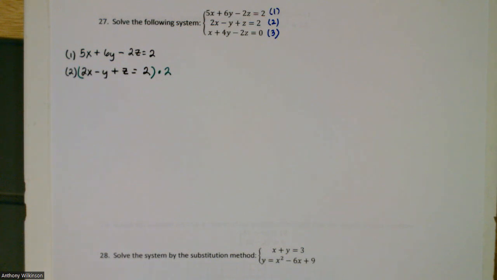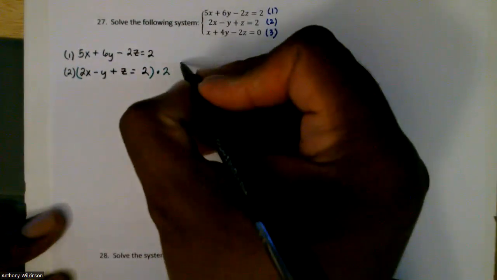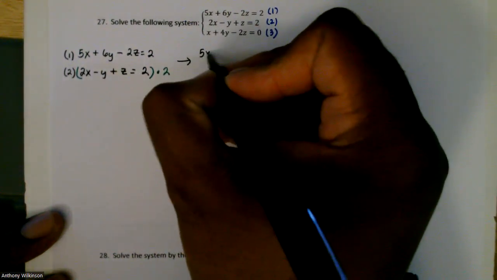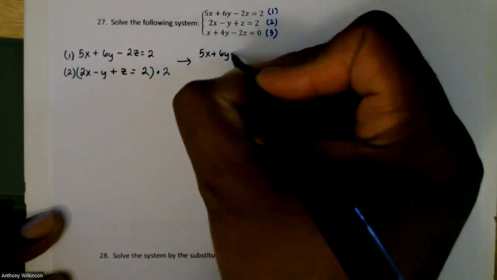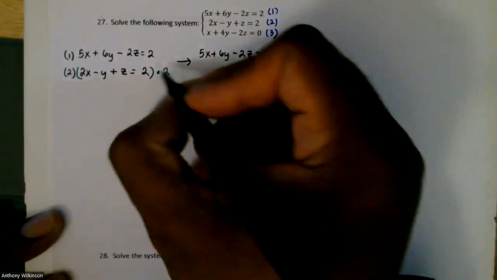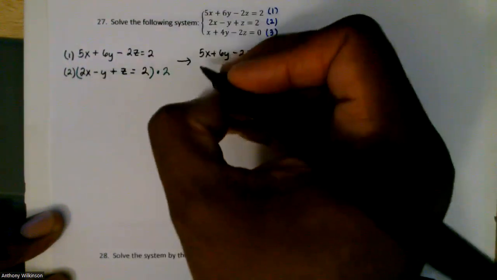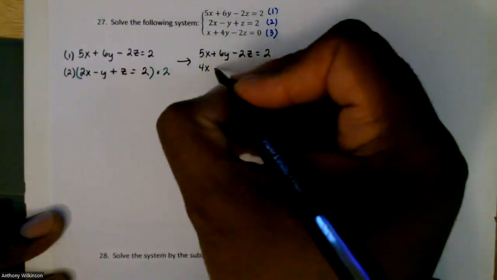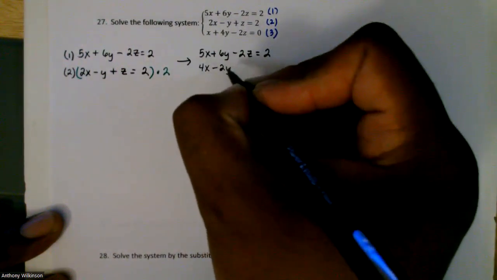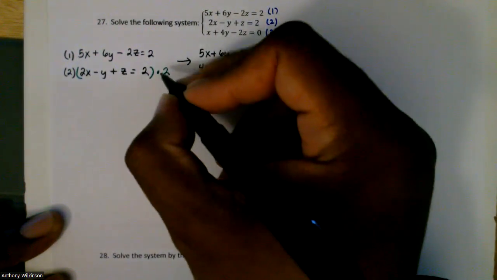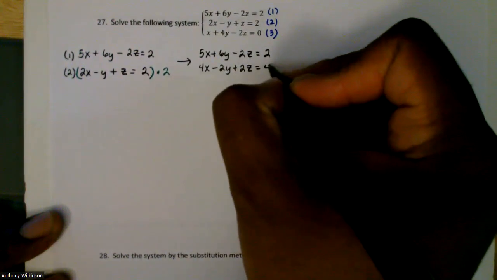So when I do that, this is what I'm going to have. I'm going to bring over the 5x plus 6y minus 2z is equal to 2. The second equation, if I do 2 times 2x, that's 4x. And then 2 times a minus y will be a minus 2y. And then 2 times z will be plus 2z. And that's going to equal 2 times 2, which is 4.